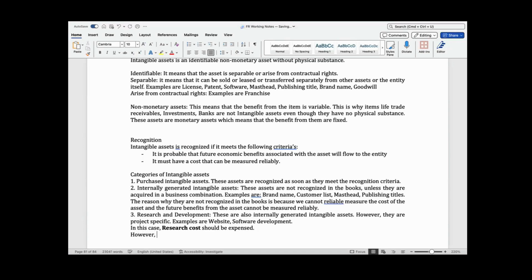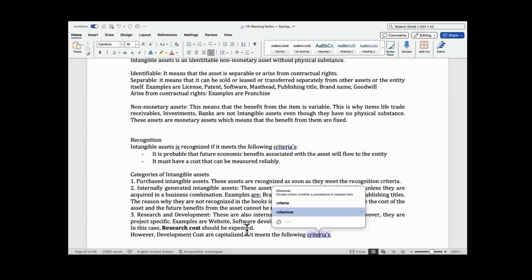However, at the development phase, development costs are capitalized if they meet the following criteria.